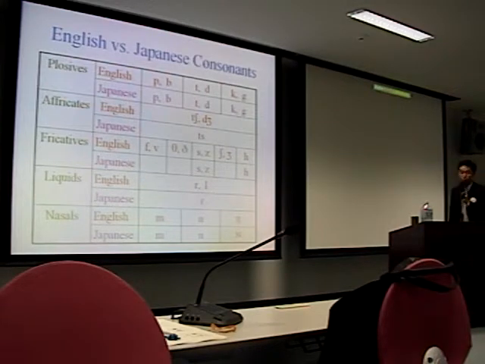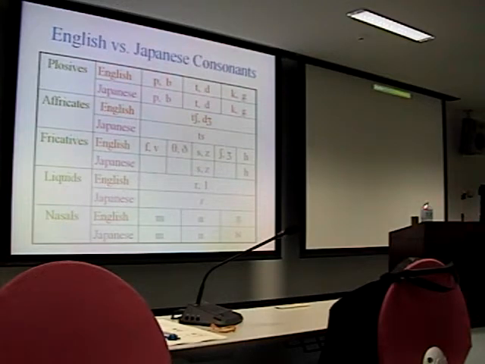And English has 2 liquids, one R and the other L, but Japanese has only one R sound, which is a flap. It is often pronounced as a retroflex flap or as an alveolar flap.